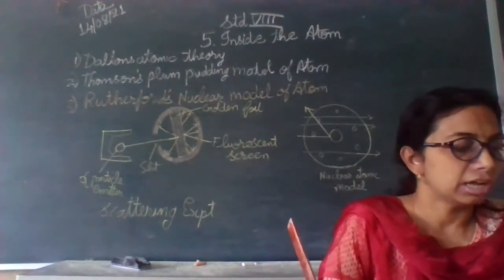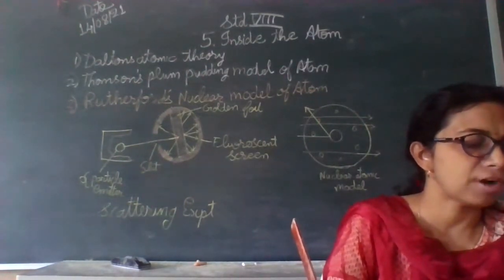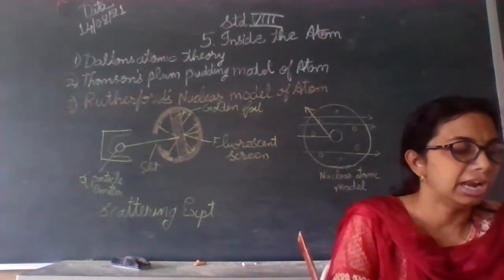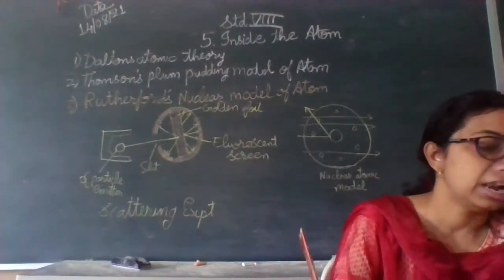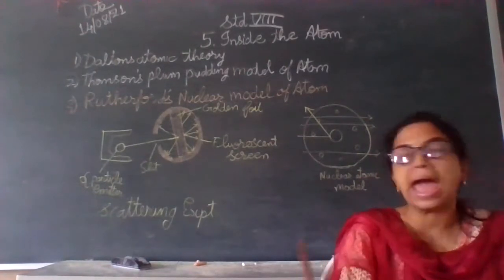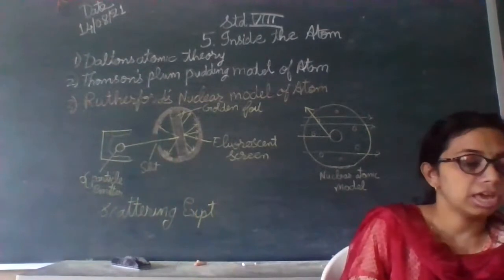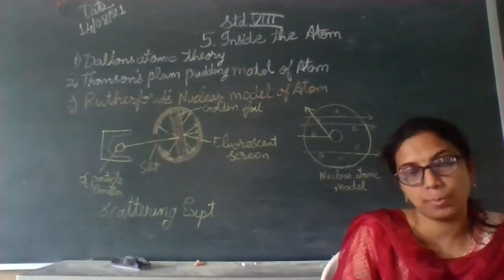And a still smaller number of alpha particles got deflected through a large angle, and surprisingly one alpha particle out of 20,000 bounced back. This is bouncing back, you can see here, in the direction opposite to the original path.